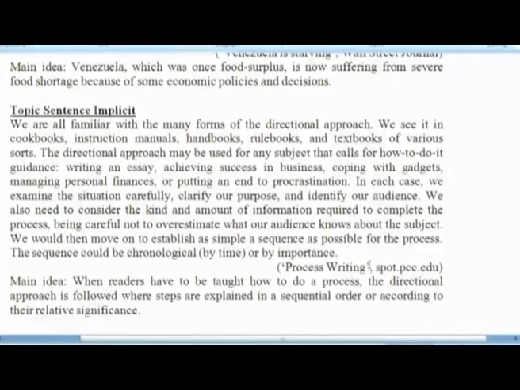So, after reading it, you can say that this is the main idea of this particular paragraph. When readers have to be taught how to do a process, the directional approach is followed, where steps are explained in a sequential order or according to their relative significance. So, in this case, as we saw, the topic sentence is not there explicitly, you have to infer it.